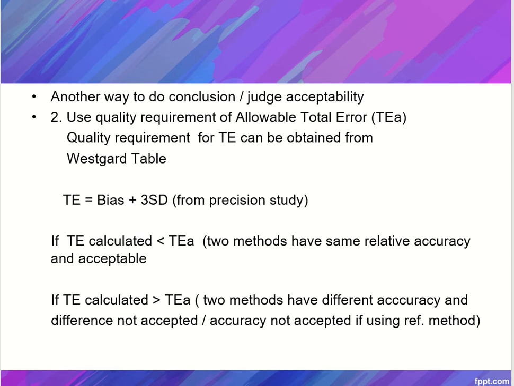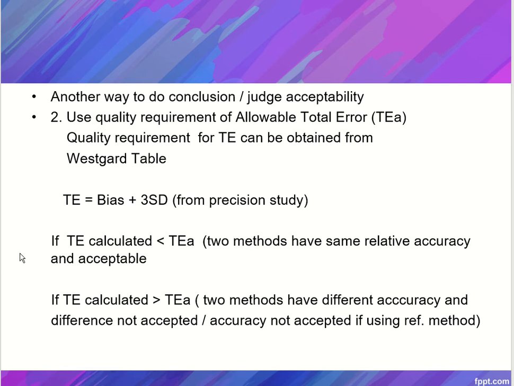Okay, so another way to draw the conclusion or judge the acceptability, you can use the quality requirement of allowable total error. The quality requirement for total error can be obtained from the Westgard table. So this is the equation: total error equal to bias plus 3SD. This SD or precision you can get from your precision study.